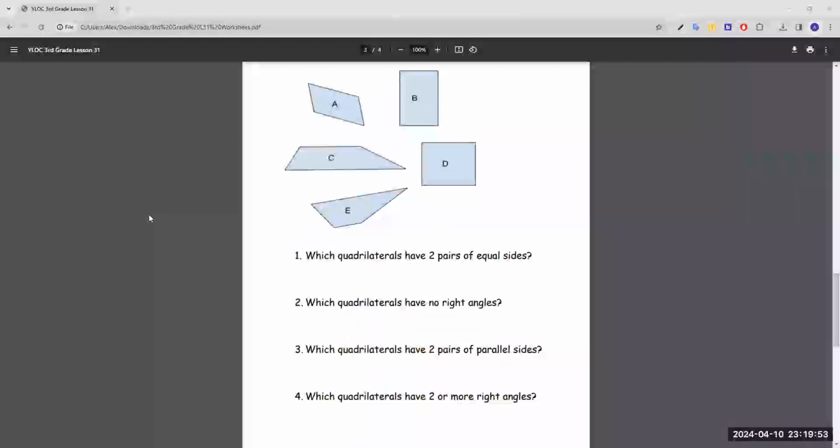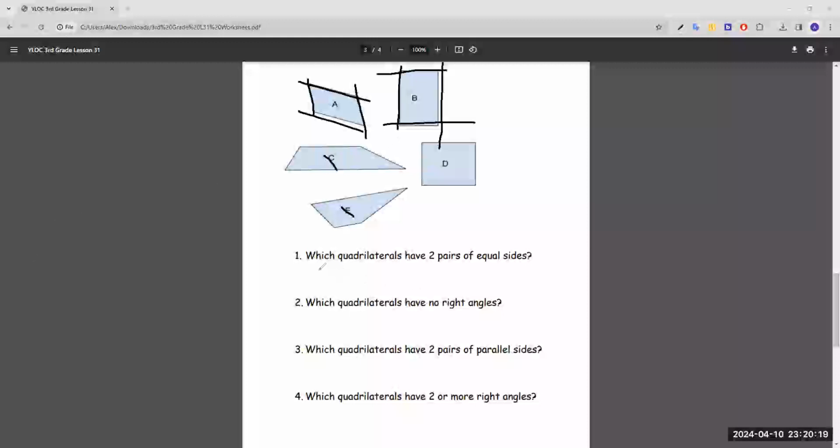Now, number three, which quadrilaterals have two pairs of parallel sides? Again, it can't be C or E. And two pairs of parallel sides. We know that A fits because there's two pairs. And B fits as well because there's two pairs as well.